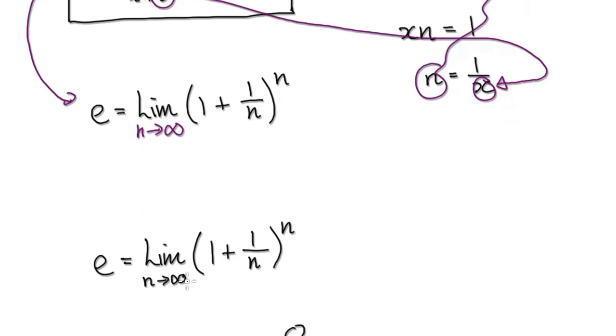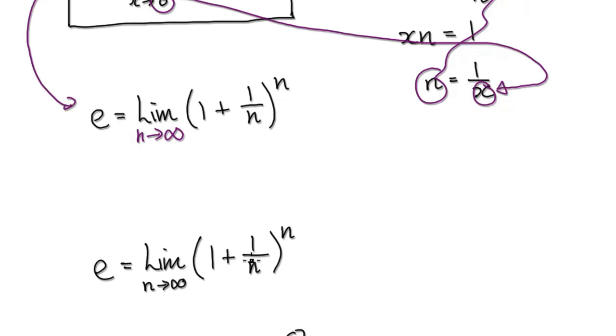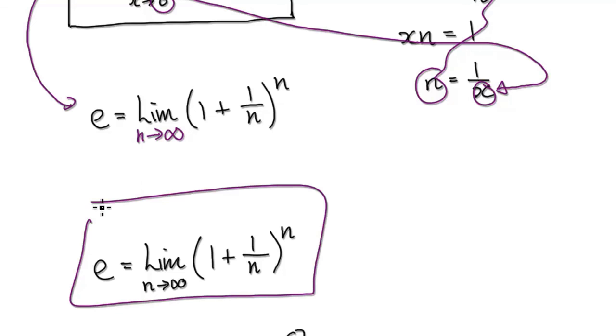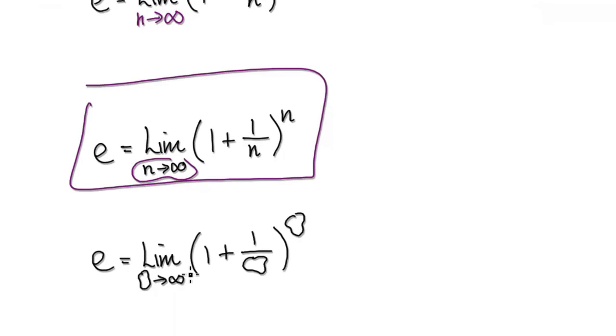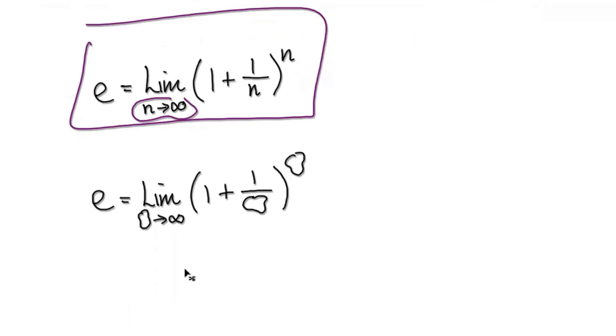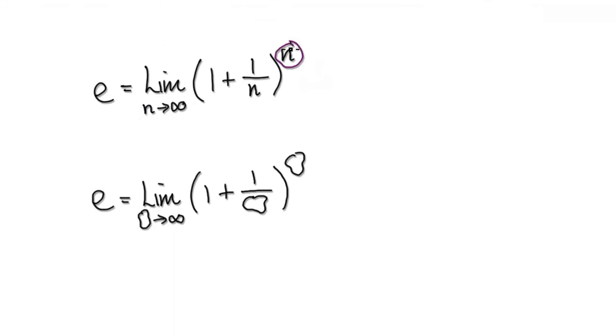So now we are at this stage here. In effect, n is actually heading towards infinity. So now we can imagine this as being a bubble, and as the bubble gets bigger and bigger, that's what it means.